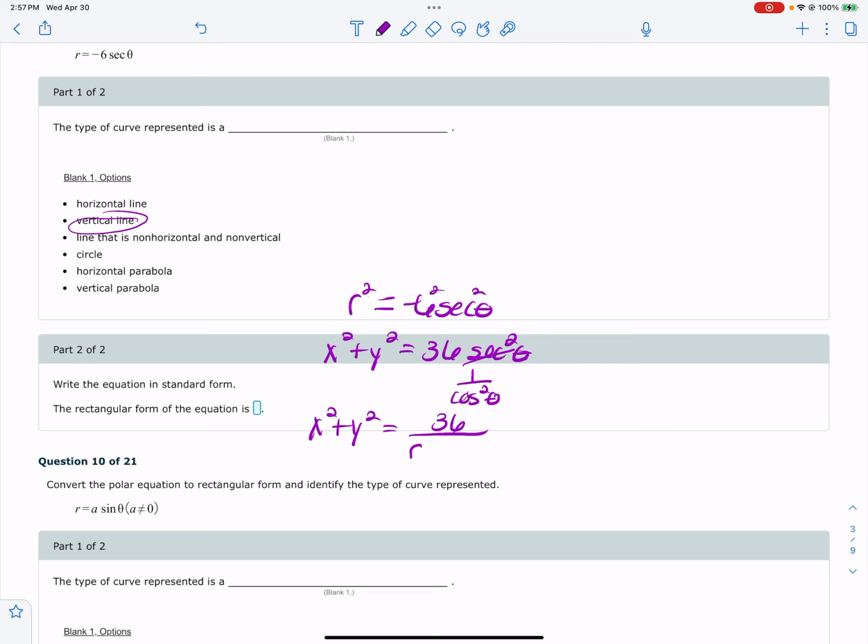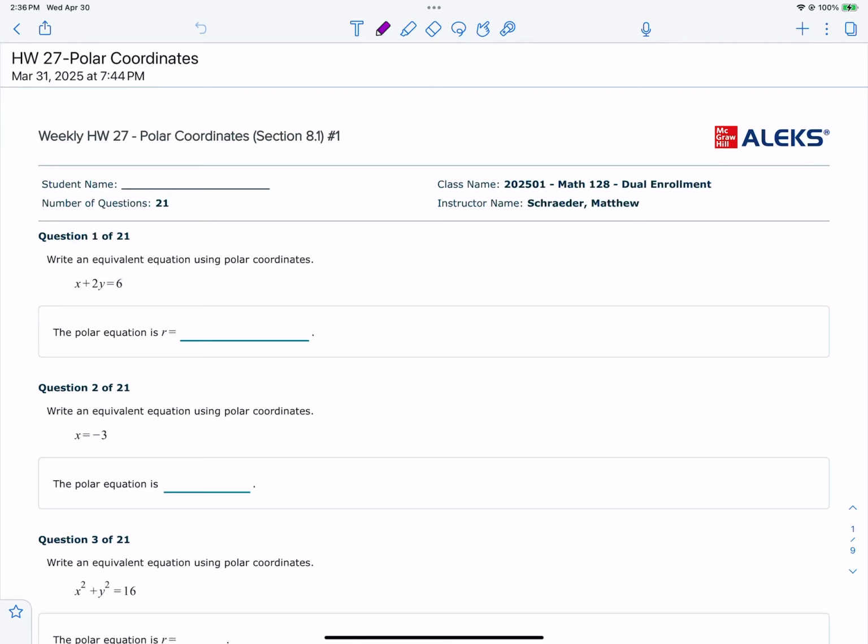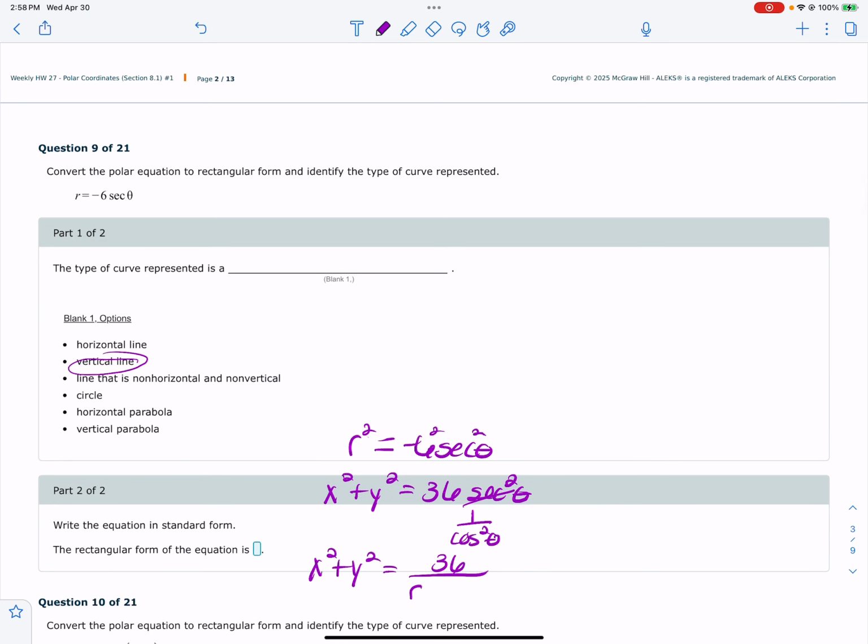So when you're going the other way, what is the answer? Well, it should be x equals negative 6. That's what it should be.